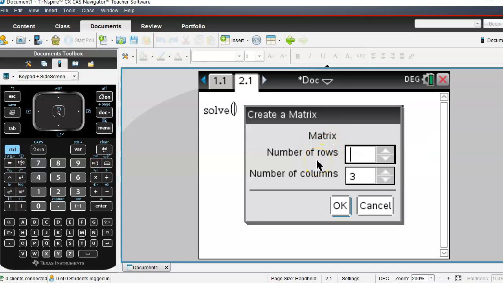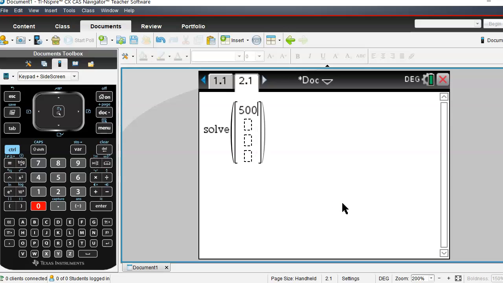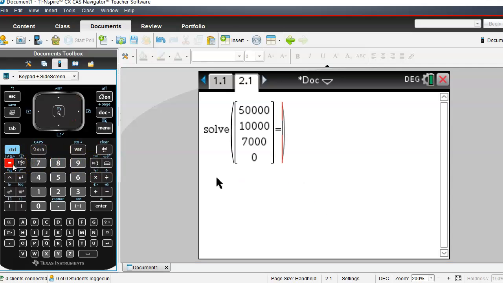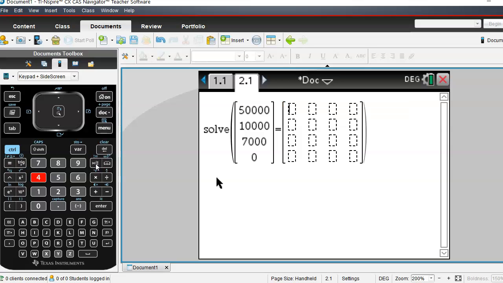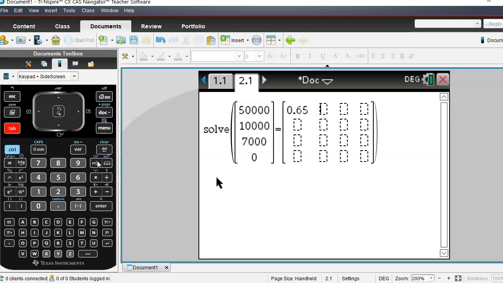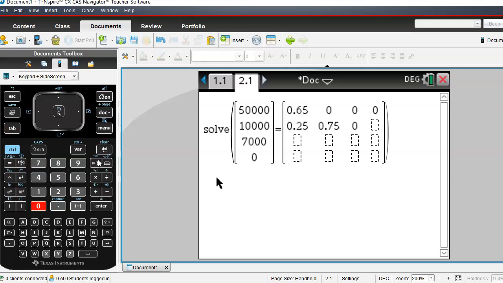So there's 4 rows, 1 column, 50,000, 10,000, 7,000, 0 equals our 4x4 transition matrix, 0.65, 0.25, 0.75, 0, 0.